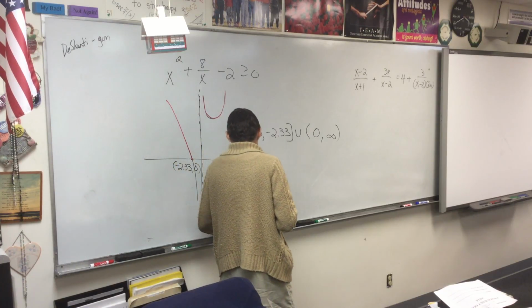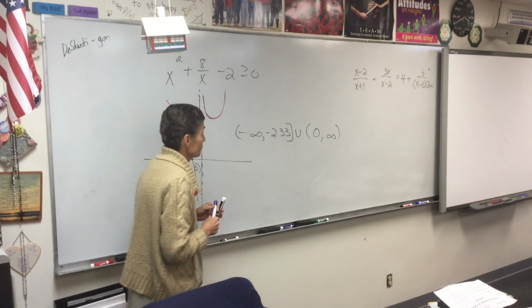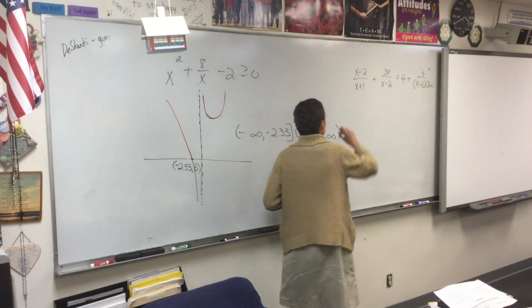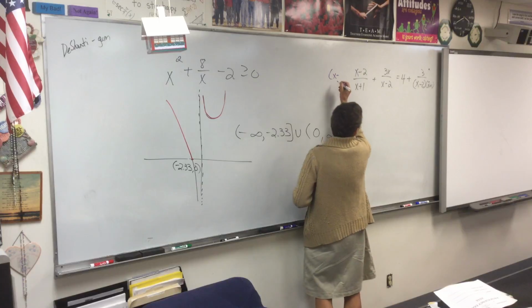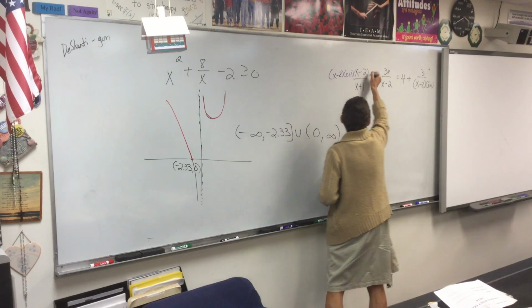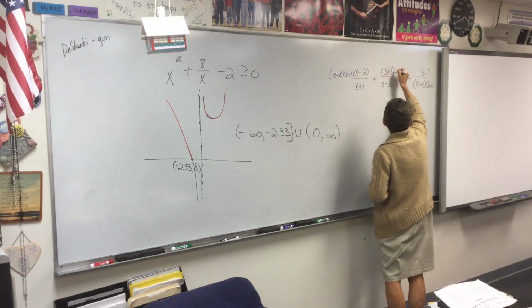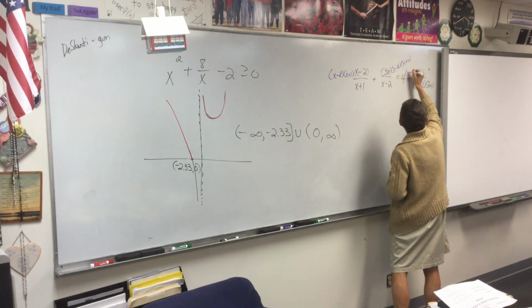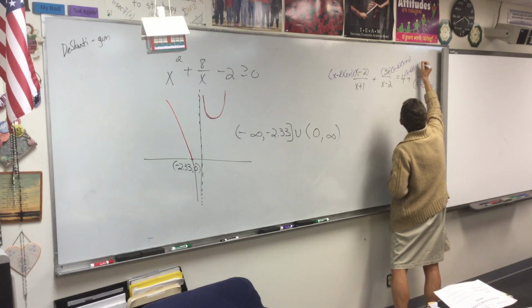Now you solve this however you want. Your job is to get x. I'm going to multiply everything by x minus 2, x plus 1. And that's everything, even the 4.